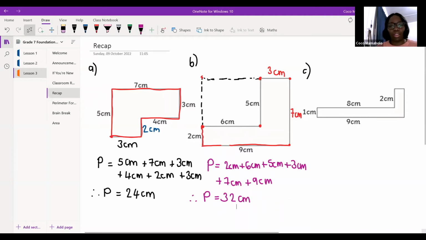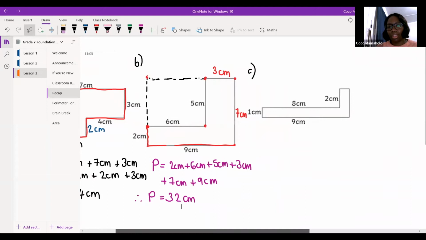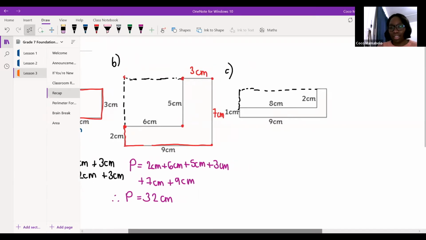Okay, let's look at the last one. There we go. Awesome stuff. No worries, Khomotso, welcome. This one is kind of funky because it's really tiny. Okay, but let's look. There's my rectangle there, my very skew rectangle. Very, very skew, but it's okay. You guys understand it's a rectangle.